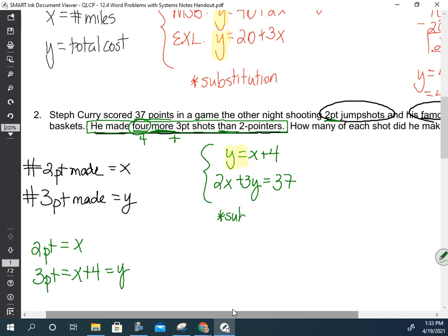Y equals, use substitution. Anytime you have a variable already by itself, use substitution. It's the easiest way out of the problem.